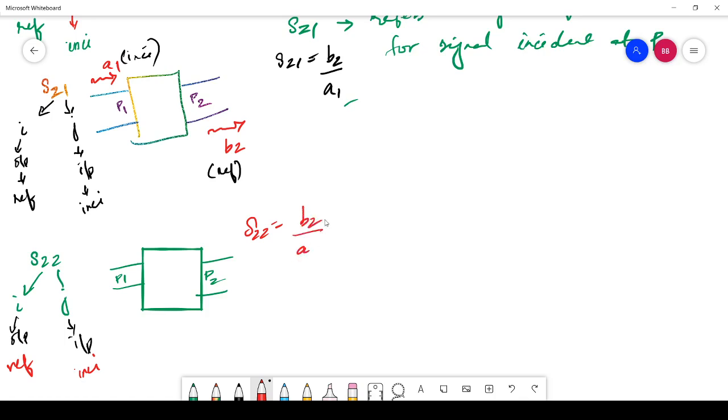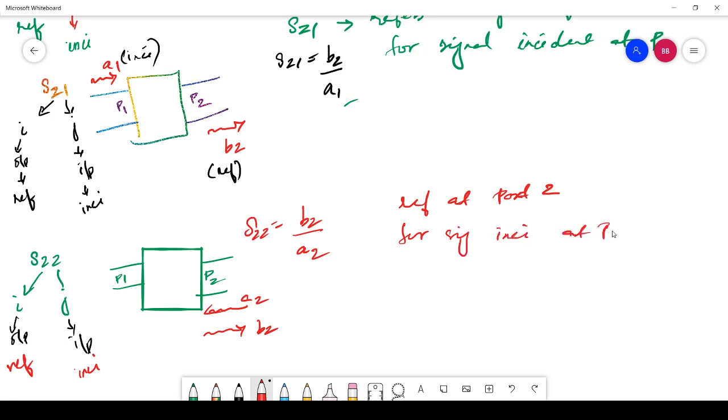So output is 2, input is also at 2. So my incident wave is also at 2, my reflected wave is also at 2. So S22 refers to a signal reflected at port 2 for a signal incident at port 2.